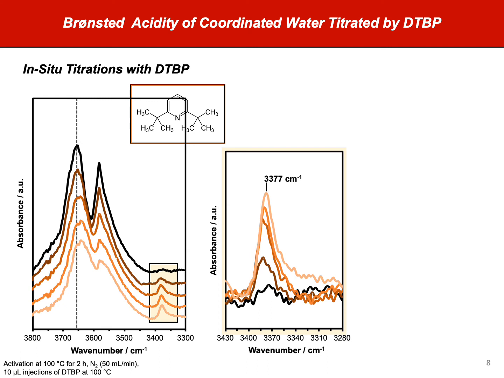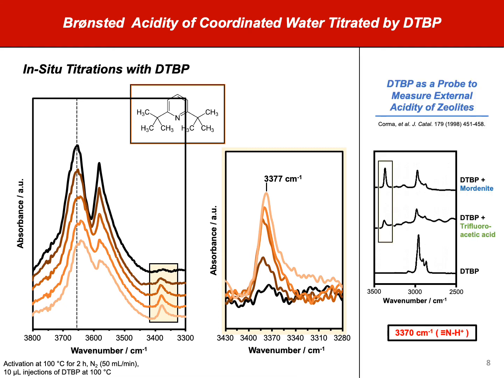Moreover, as we decrease the treatment temperature, we do observe an increasing intensity of the peak corresponding to DTBP bound to Brønsted acid sites. We also emphasize that this same NH vibration has been detected and used extensively for characterizing Brønsted acid sites in zeolites.